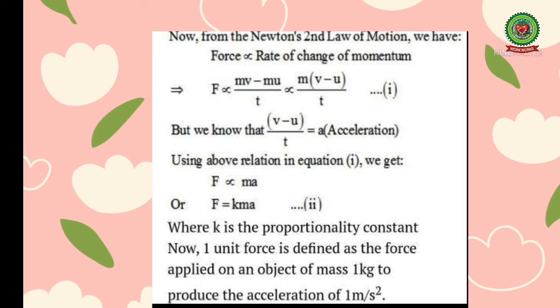From here we can define force and its SI unit Newton. So children, what is 1 Newton? 1 Newton is the force applied on an object of mass 1 kg to produce an acceleration of 1 meter per second square.